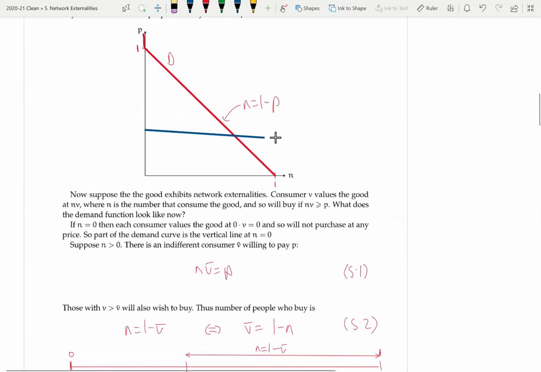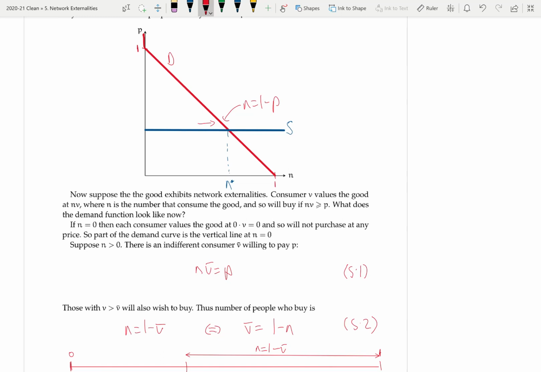So let's draw a supply curve on this diagram. The equilibrium is at the intersection. Now let's see how the dynamics work. If the consumers are willing to pay more than it costs to produce, that is, if the demand curve is above the supply curve, then the market will expand. So if we are to the left of n star, then the market will expand.